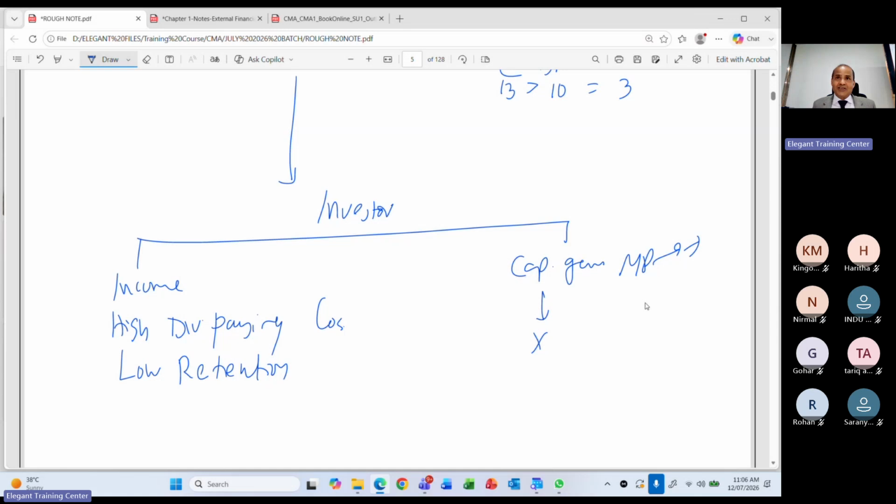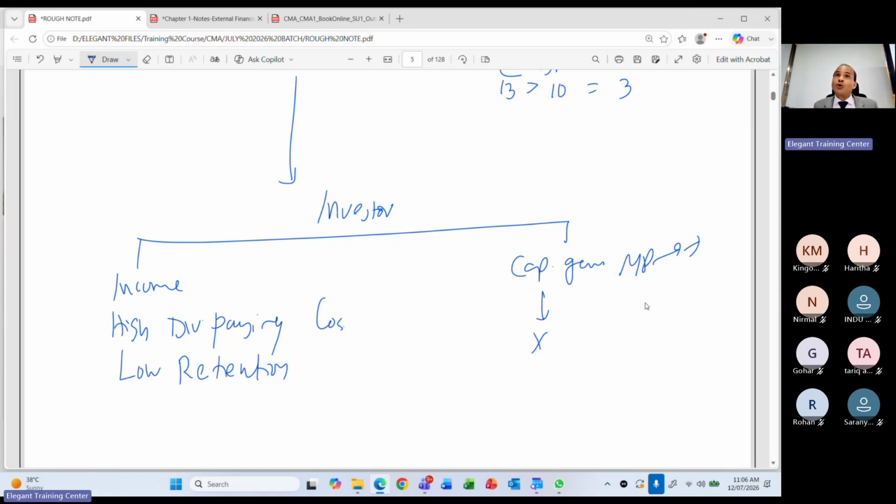So as an investor, you have to decide whether you want income or capital appreciation. If your objective is to earn regular income, you go for high dividend paying companies. If your objective is capital appreciation, you should go for growing companies.